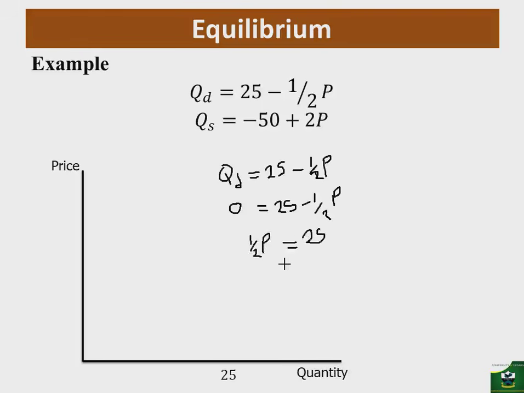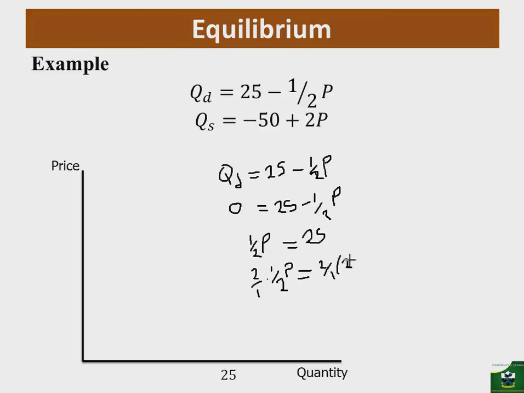Now remember that I'm dealing with a fraction here, so to get rid of the fraction, I have to multiply both sides of the equation by the reciprocal of this fraction, which is 2 over 1. Doing that, I'll have 2 over 1 multiplied by 1 over 2 P, because I want to get rid of the coefficient and not the P, so I leave the P there, multiplied by 2 over 1 times the 25.